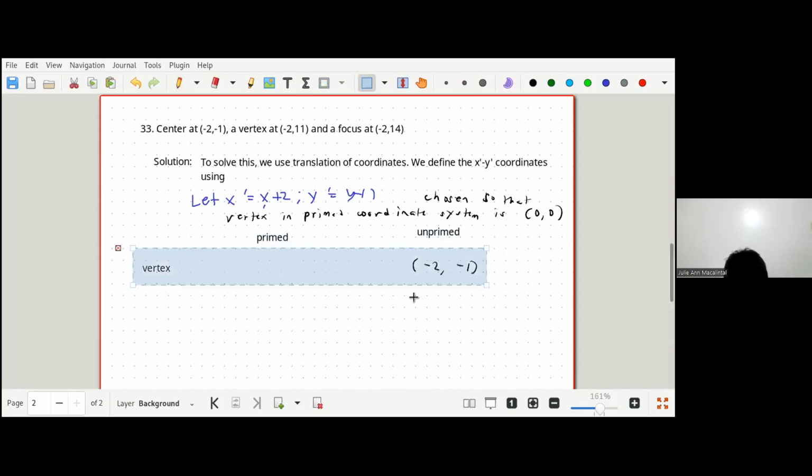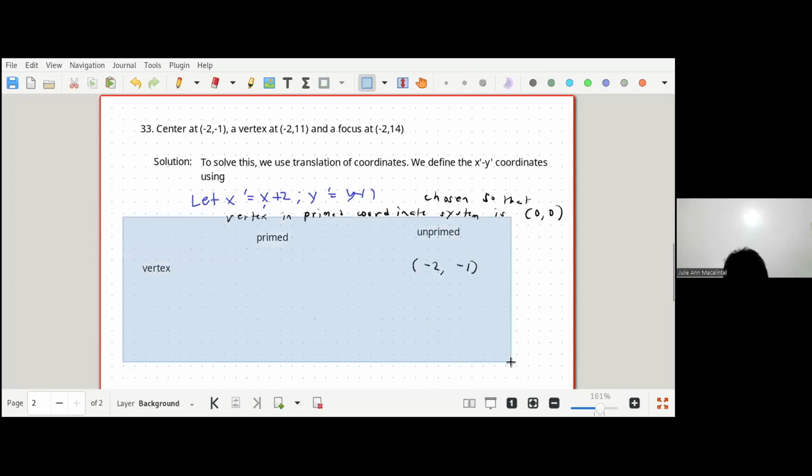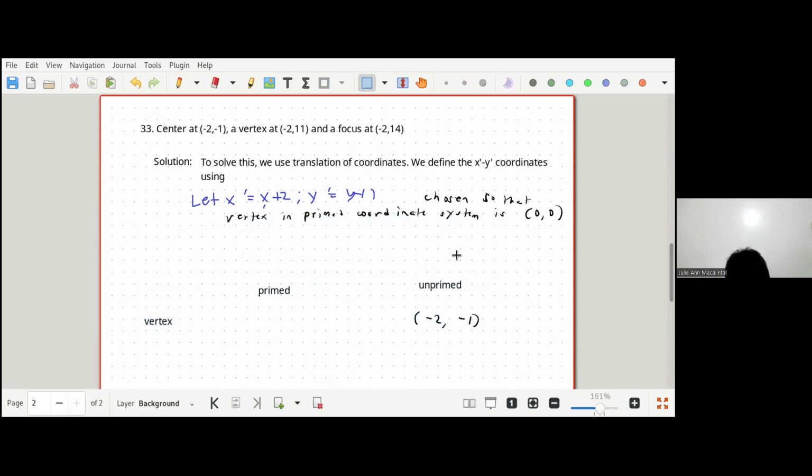So, okay, let's copy and paste all this, or cut and paste. So may enough is 0, 0. So ito yung vertex. So makukuha natin na. So I'm going to use red para distinguish na, okay, this is something I've calculated for.